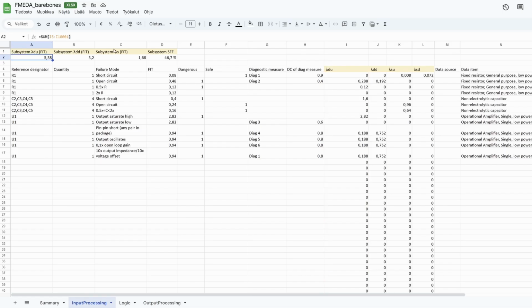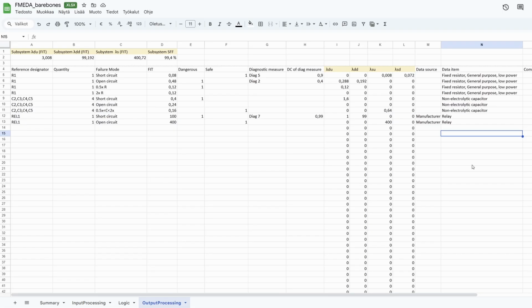This column, sum them all together, the dangerous detected failures, and as the standards do not require us to decipher whether the safe failures are actually detected or undetected, we can just select all of the safe failures. And from those left columns, we can calculate the safe failure fraction for this subsystem. This subsystem safe failure fraction is limited by our architecture, and you should verify it against your own architecture.